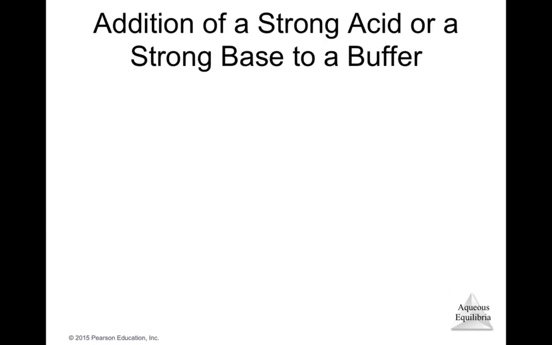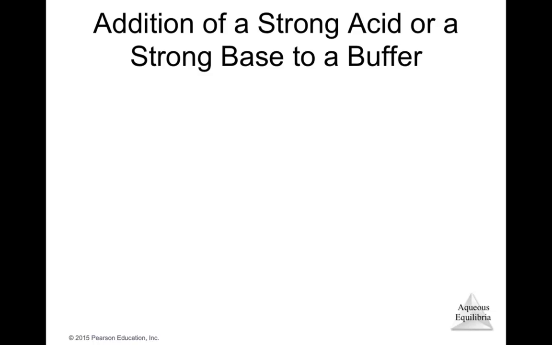So now that we have understood the concept of a buffer solution, let's see what is going to happen when you add a strong acid or strong base to the buffer. Remember that the buffer has a weak acid and the conjugate base, or a weak base and the conjugate acid. So you have both species in that buffer.